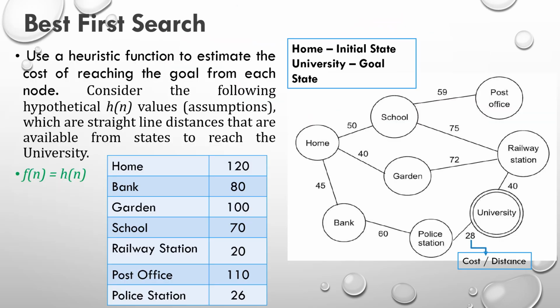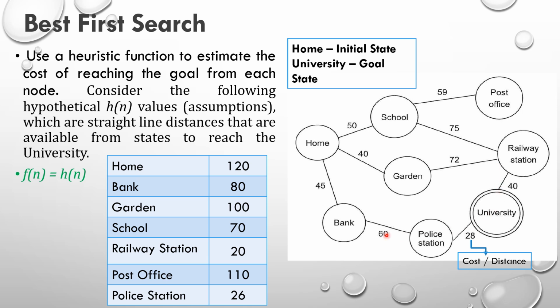Let us consider another example to get familiarized with the best first search algorithm. In this algorithm, we consider only the heuristic value alone; we don't consider the g of n value. Consider this diagram. Near the diagram, some values are available.